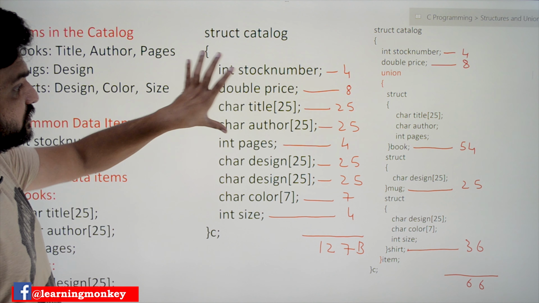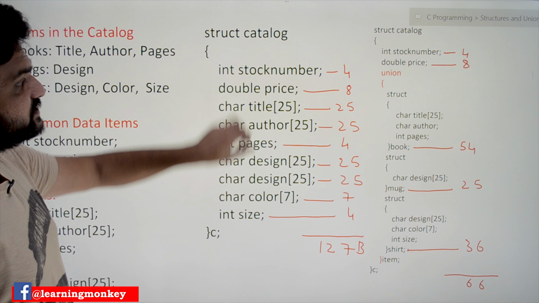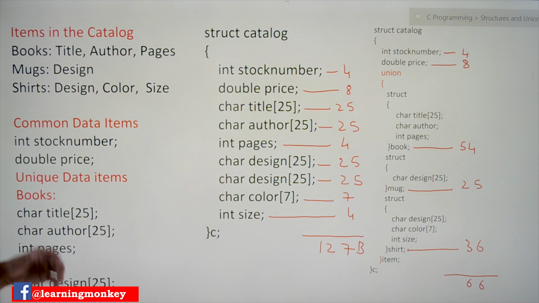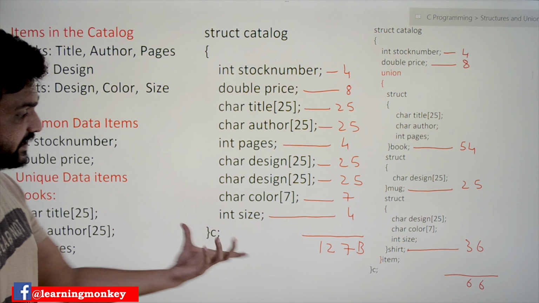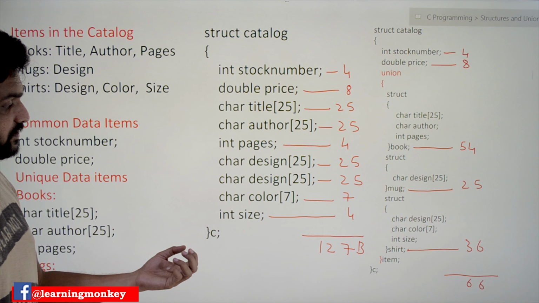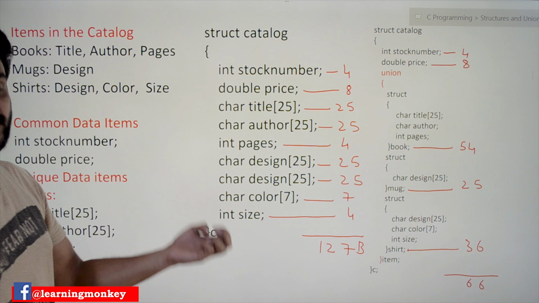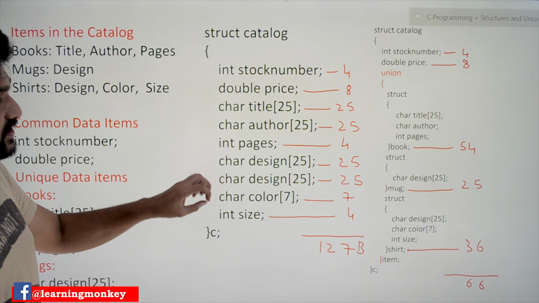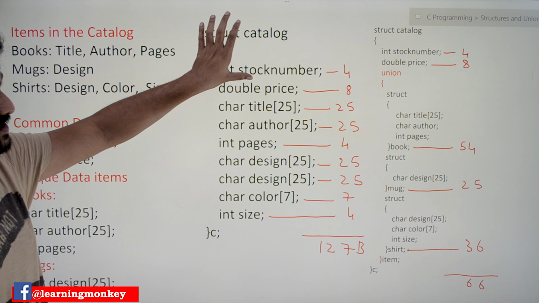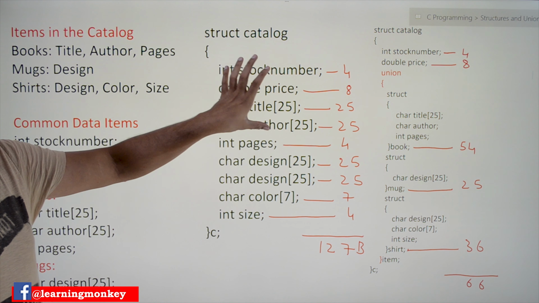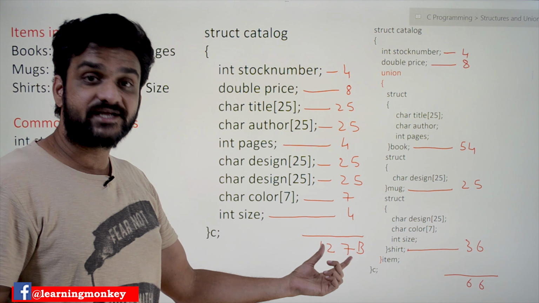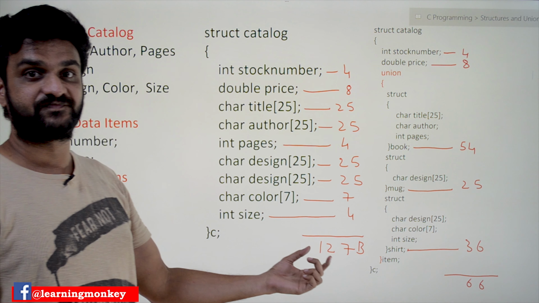Now, what happens is the number of bytes allocated for each data item. For example, if you have 10 items in the catalog, say 5 books, 2 mugs and 3 shirts, we have to create 10 such structures, and for each item the amount of space allocated is 127 bytes.